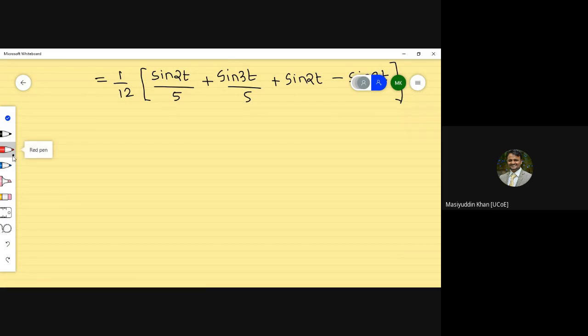Now coming to the next part: partial fraction.